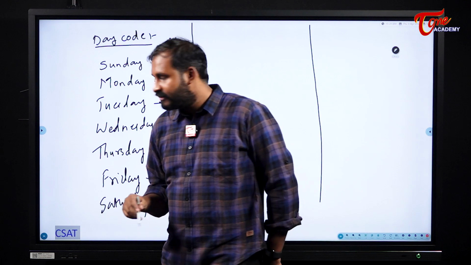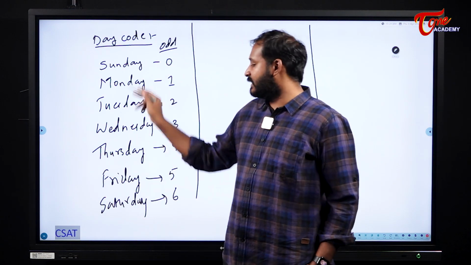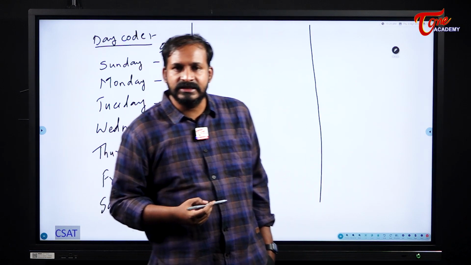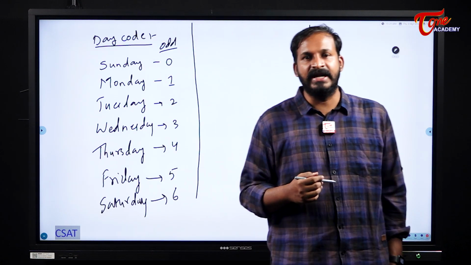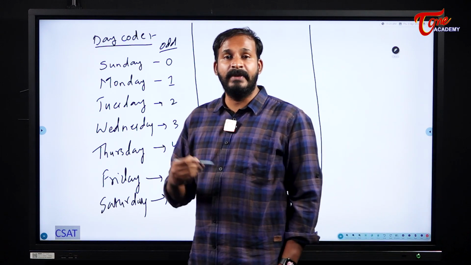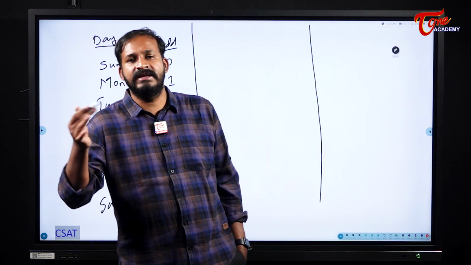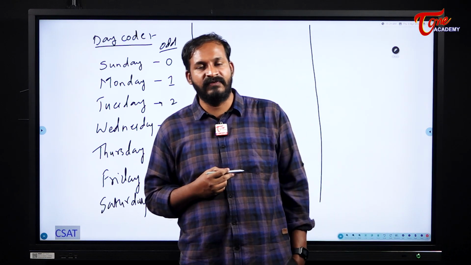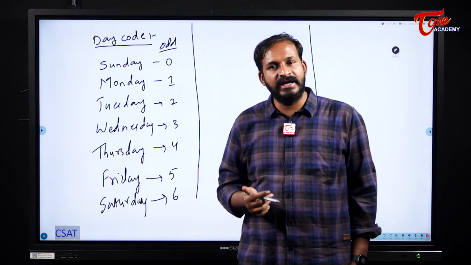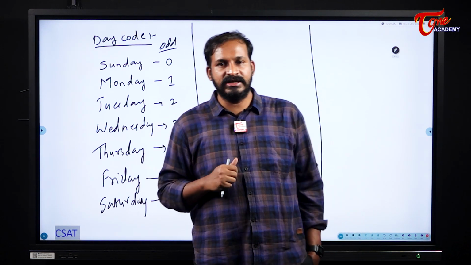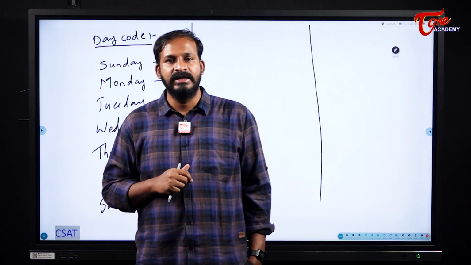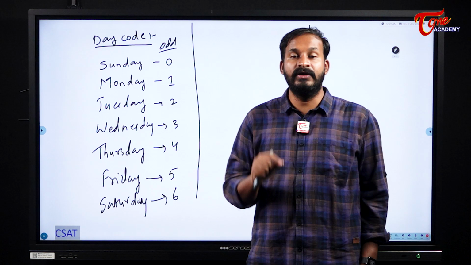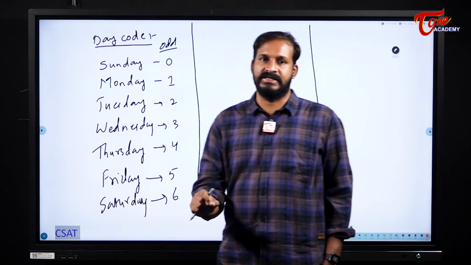Now see here, students, sir, why are you starting from 0? Why don't you write Sunday as 7? See, usually how do we find the odd days? By dividing with 7, right? When you divide a number with 7, the highest possible remainder is 6. Remainder 0 or 7, both are the same.